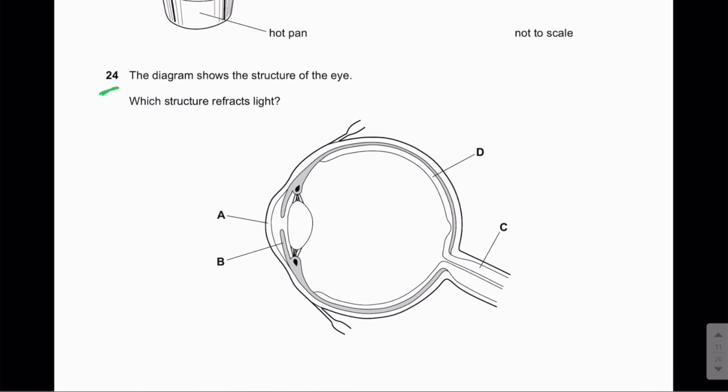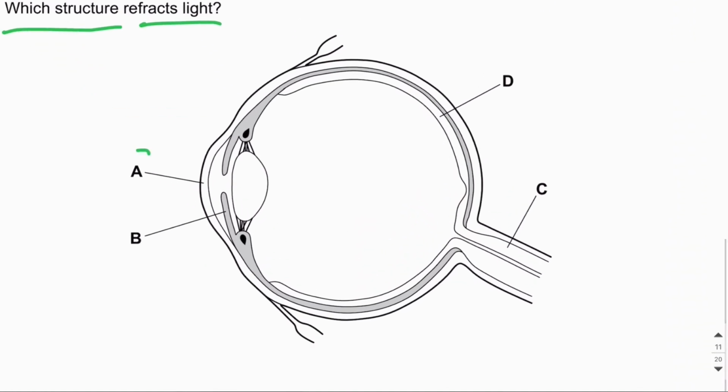MCQ number 24. The diagram shows the structure of the eye. Which structure refracts light? So, guys, light is refracted by the cornea. This structure is the cornea, which refracts or bends light. Refraction is the bending of light, and most refraction is carried out by the cornea.